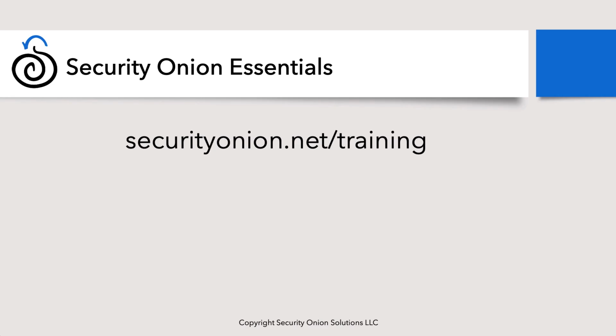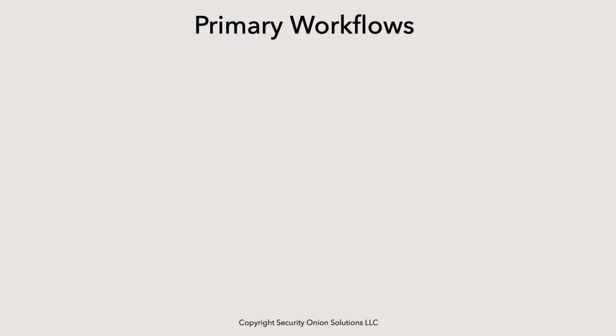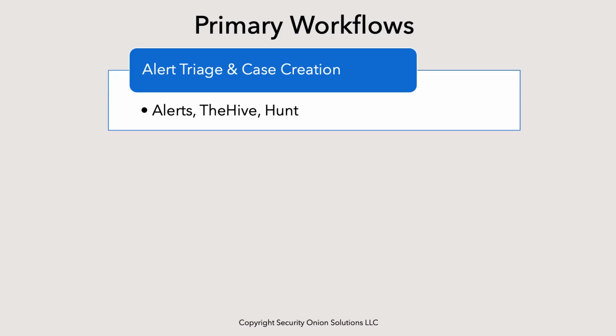Now, as for our course, we're going to be looking at the three most common ways that people use Security Onion. We call these our primary workflows. The first one covered in our first case study is alert triage and case creation. This is simply the idea that you log into Security Onion, you open up the alerts console, and you just start working the queue.